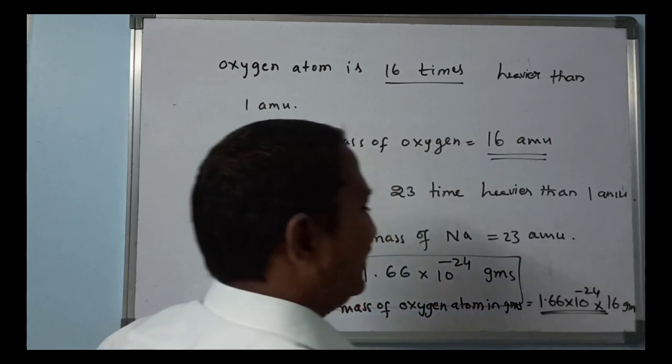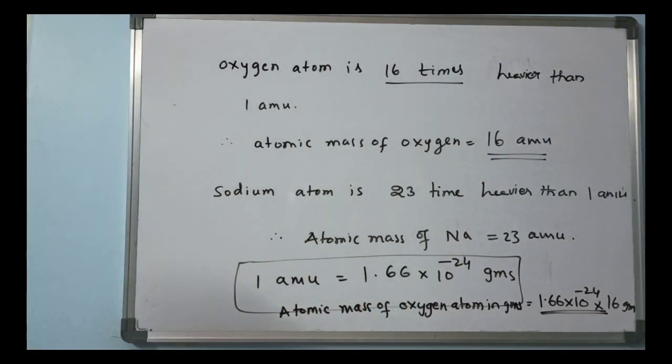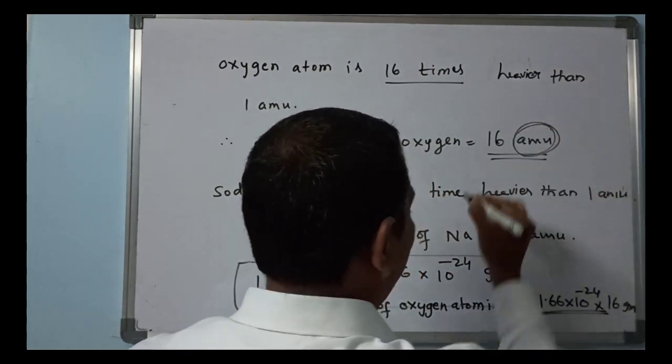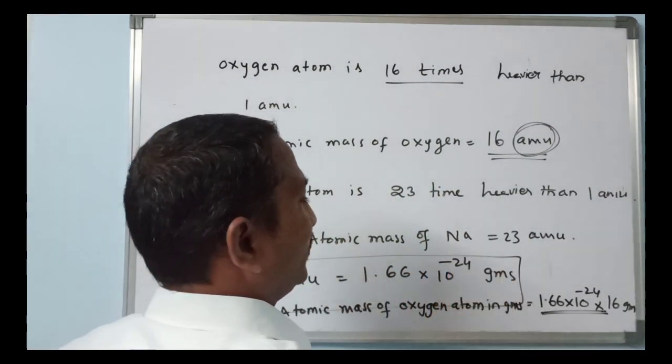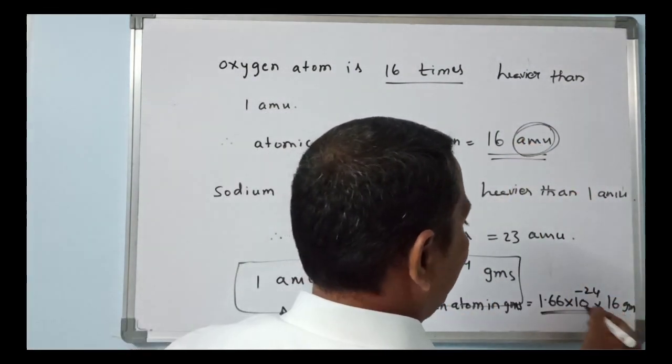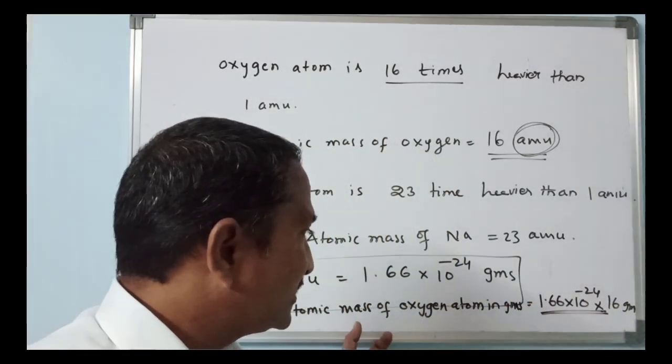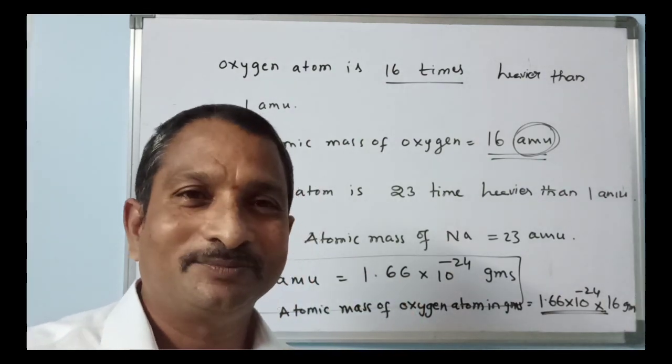Clear all of you? Why? Because AMU means 1.66 into 10 power minus 24. So 16 into 1.66 into 10 power minus 24 grams. That is the mass of only one oxygen atom.